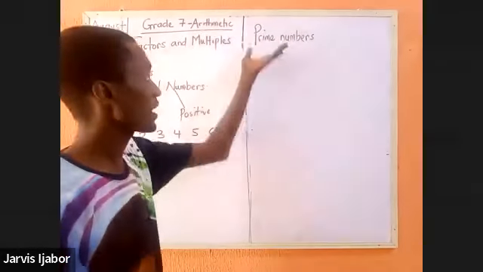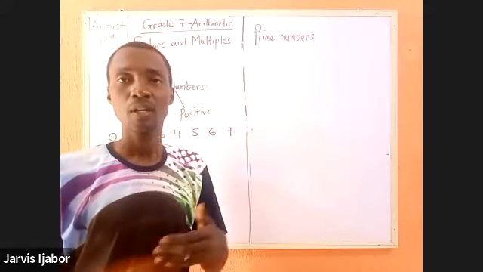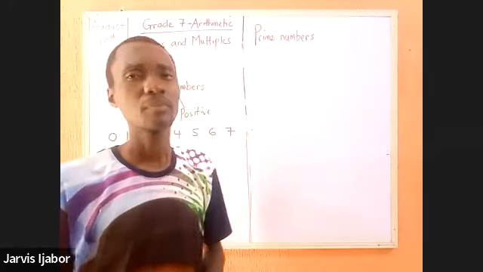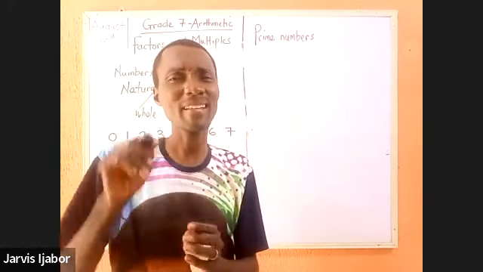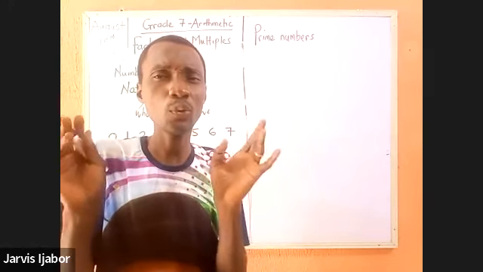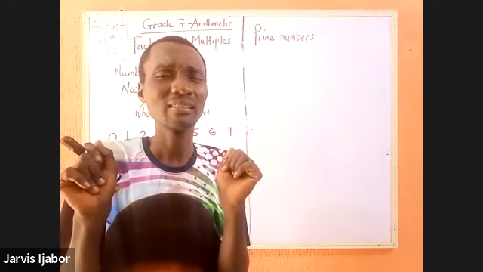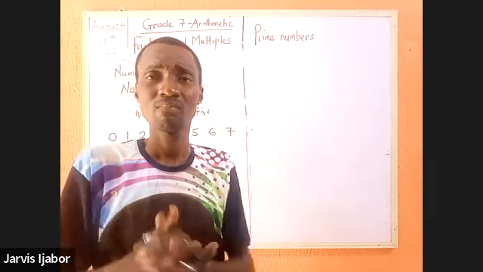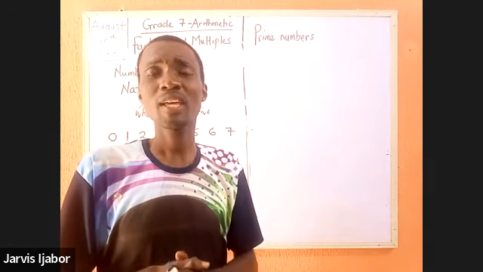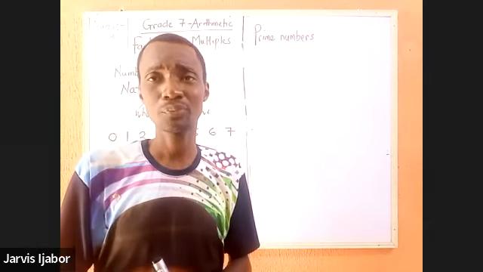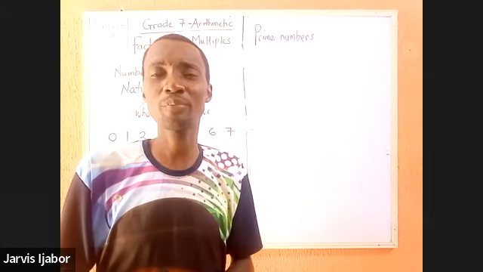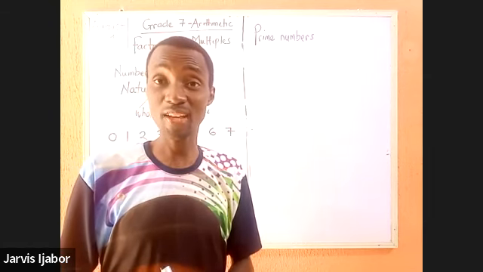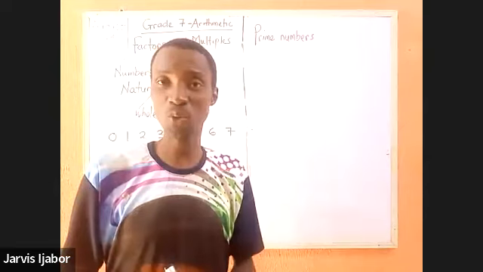So we said a prime number is any number that is divisible by itself alone, other than 1. There's an exercise we usually embark on when it comes to discovering prime numbers, and I'm going to advise you to do that when you're free at home.